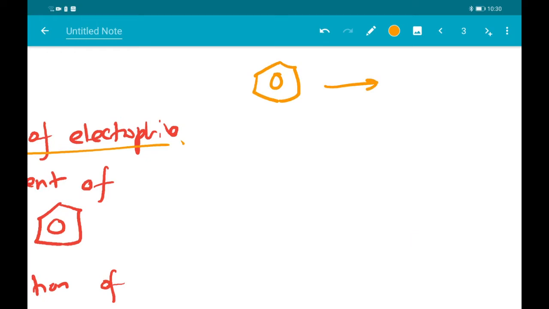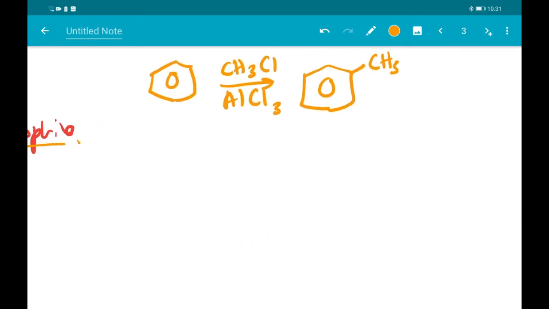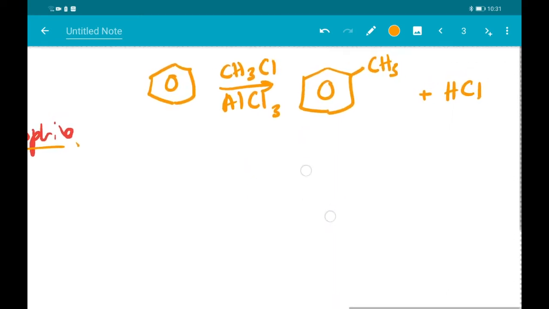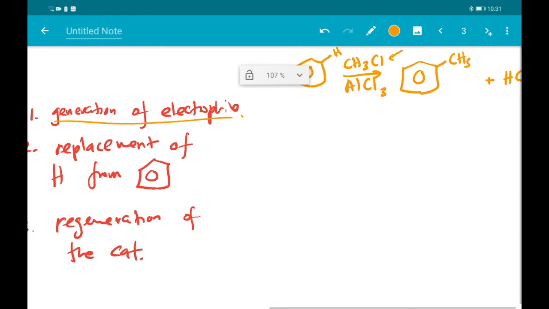Then we add CH3Cl catalyzed with AlCl3 to produce methylbenzene and the side product of HCl. Again, the H comes out from the benzene ring, while the Cl comes out from the Friedel-Crafts alkylation reagent.